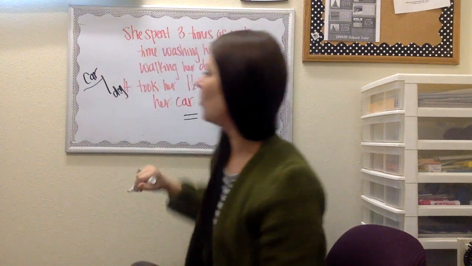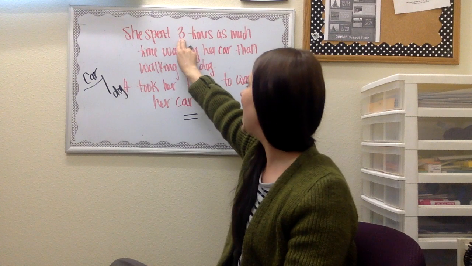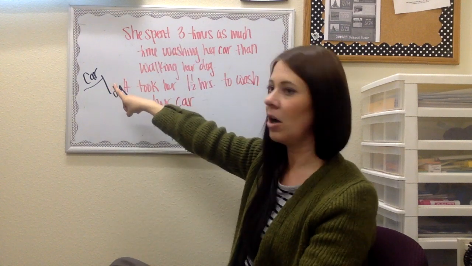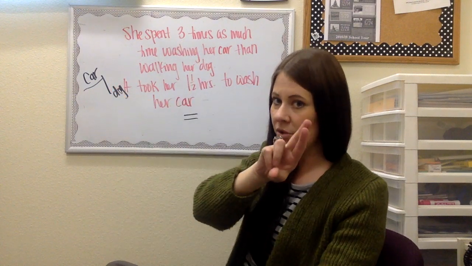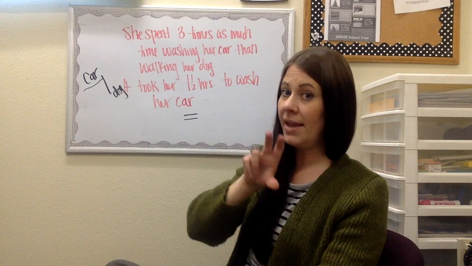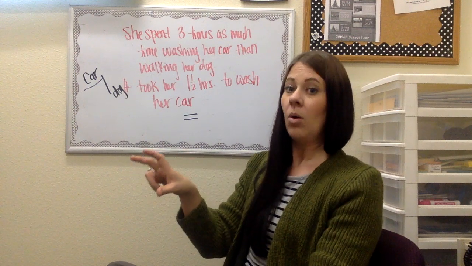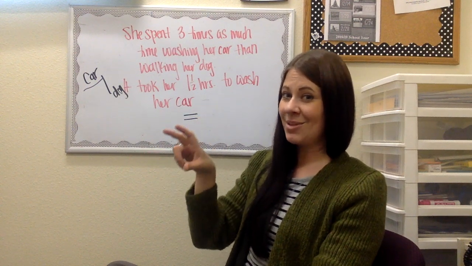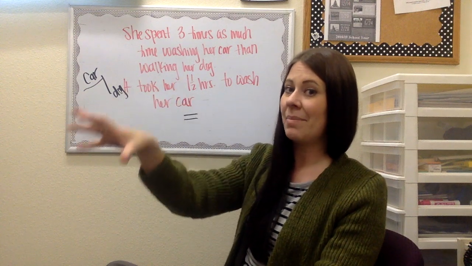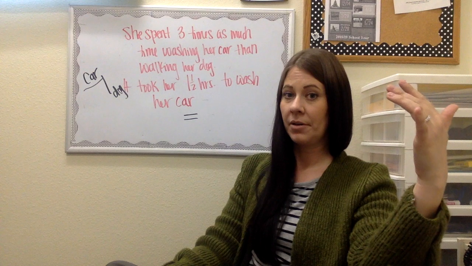But I need them to be equal. So I know she spent 3 times as much time washing her car. So I need to do one of 2 things. I need to take what she did with her car and divide it by 3 to make it equal to the dog. Or I need to take what she did with her dog and multiply by 3 to make it equal to the amount of time with her car.